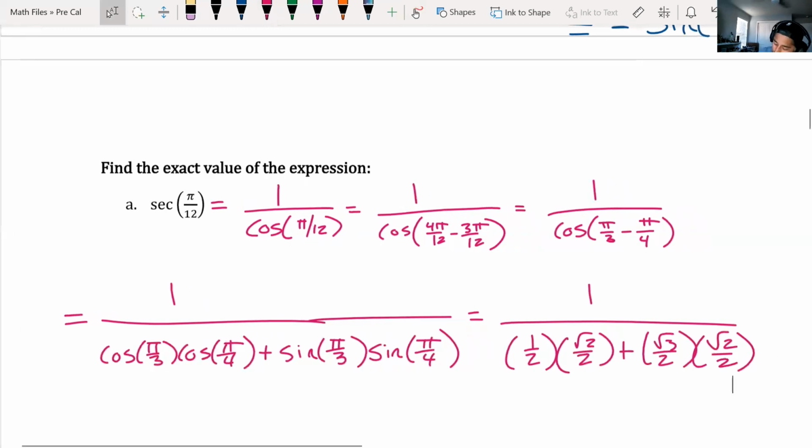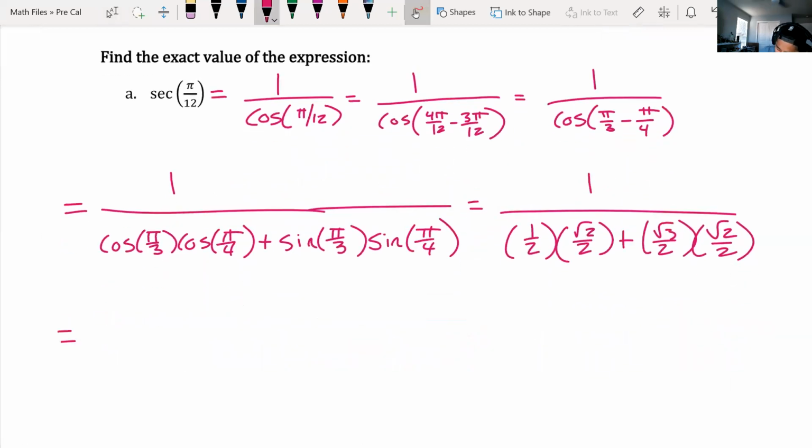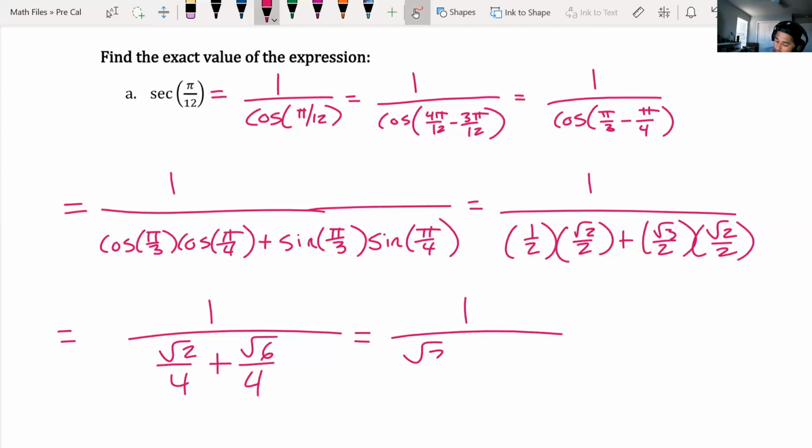All right. This is starting to look great, right? Absolutely. And you'll end up with square root of 2 over 4 plus square root of 6 over 4, which gives you 1 over square root 2 plus square root 6 over 4.